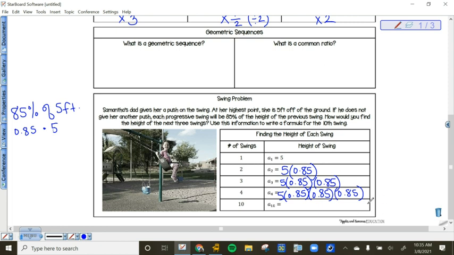Okay. So let's rewrite these using exponents. If I'm multiplying by 0.85 3 times, how would I write this? I'd write 5 times 0.85 cubed, exactly, 3 times. And what about this one?